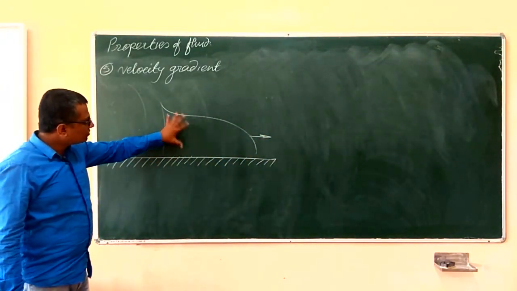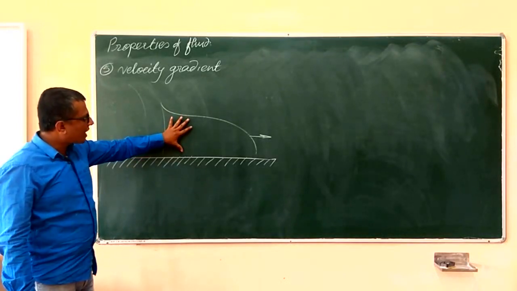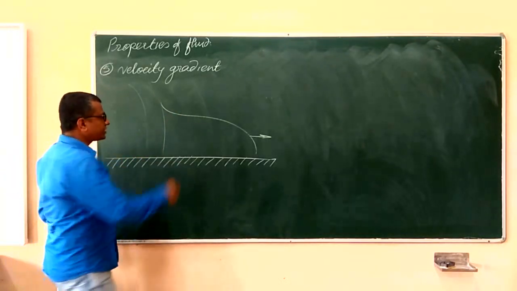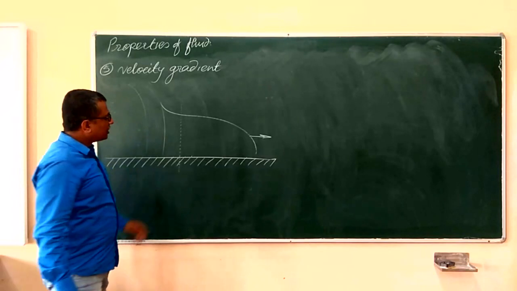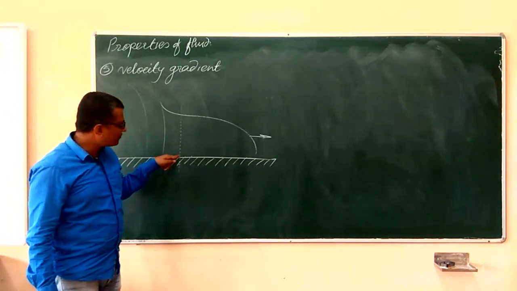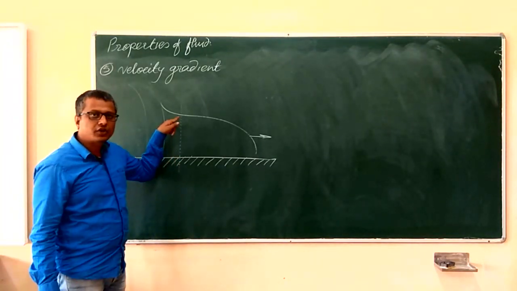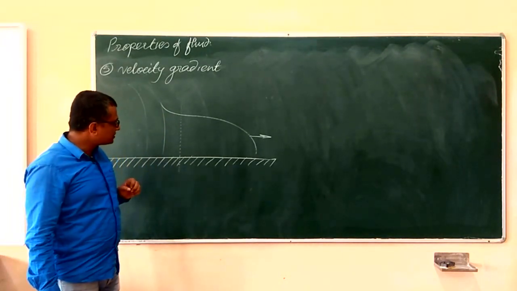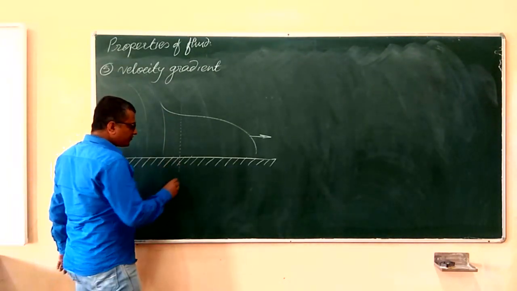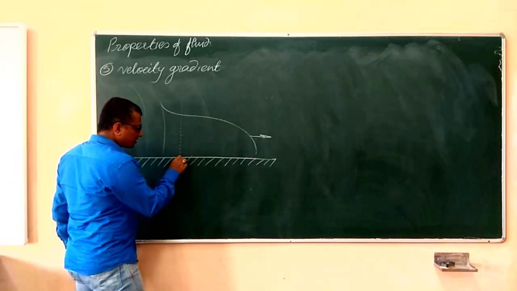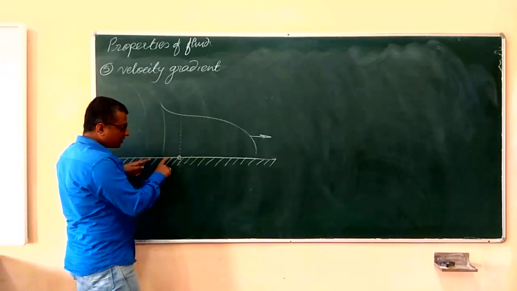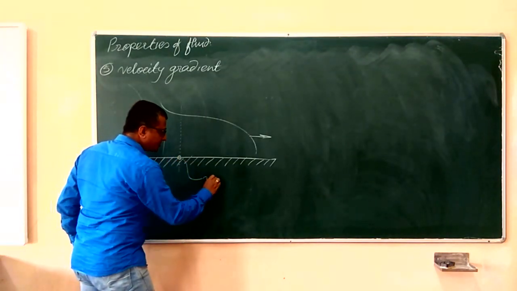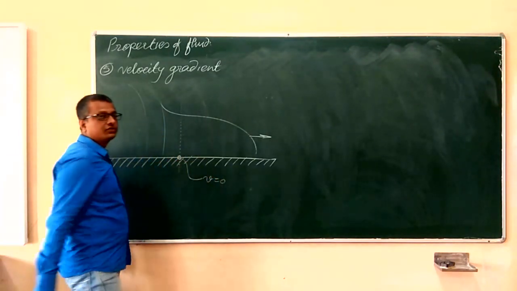Now if you observe this fluid flow pattern, if I take any one section over here, and try to locate every fluid particle across this section and observe the velocity of these fluid particles, then what I get is that the velocity of the fluid particle in contact with the solid surface is always zero, always and always zero.